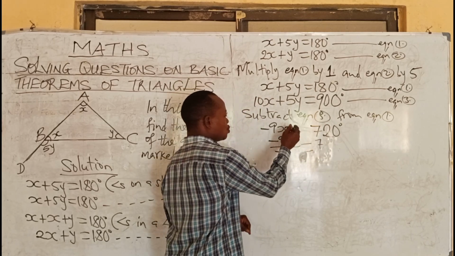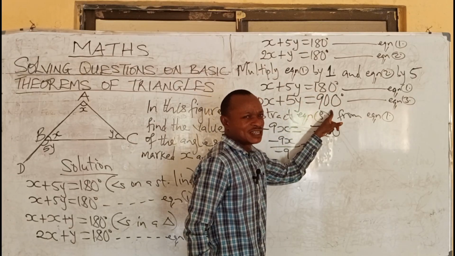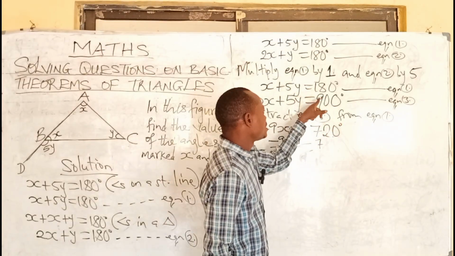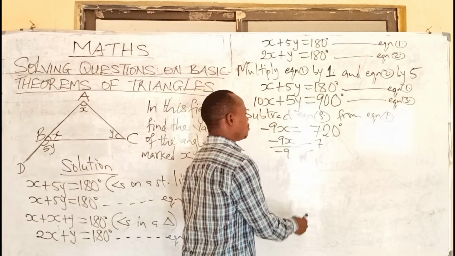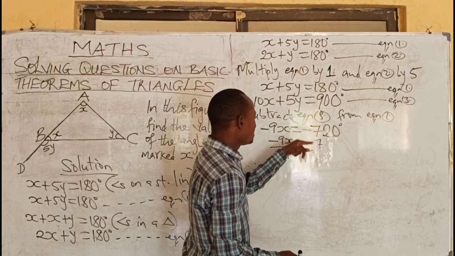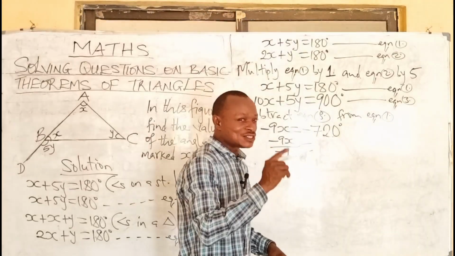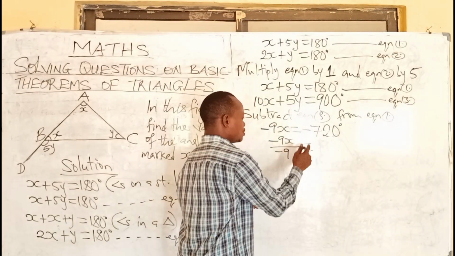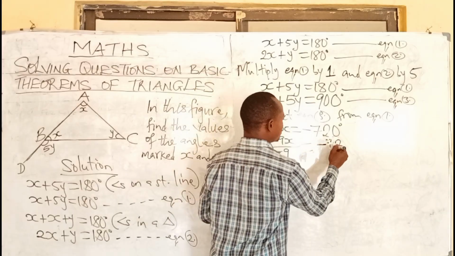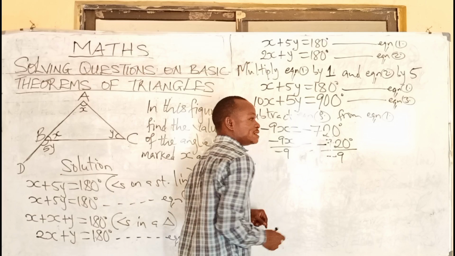Please, let's take note. What we did here is 180 degrees minus 900 degrees. When you are subtracting a bigger number from a smaller number, the answer is supposed to be negative. So please, pardon me, the answer here is actually minus 720 degrees, not 720 degrees. So let's continue. This becomes minus 720 degrees divided by minus 9.